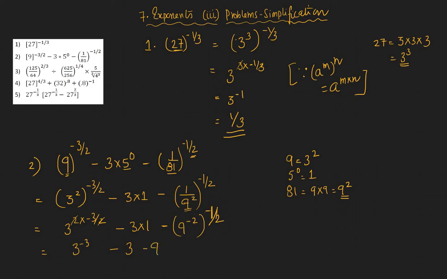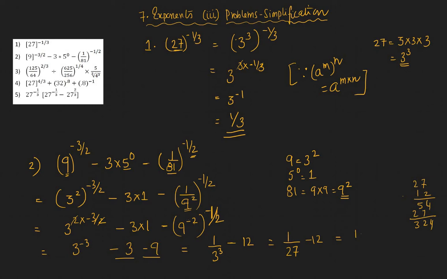Okay, so numerically this comes to 1 by 3 cube, minus 3 and minus 9 is minus 12. That's 1 by 27 minus 12. That'll be equal to 12 into 27, that's 324, right?